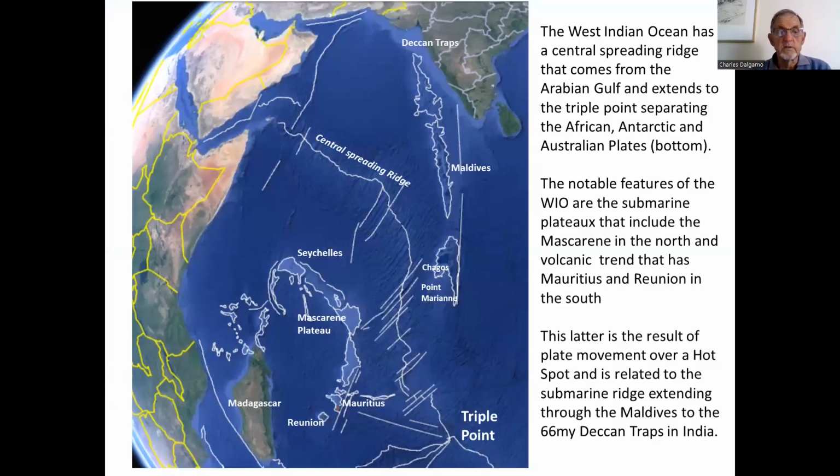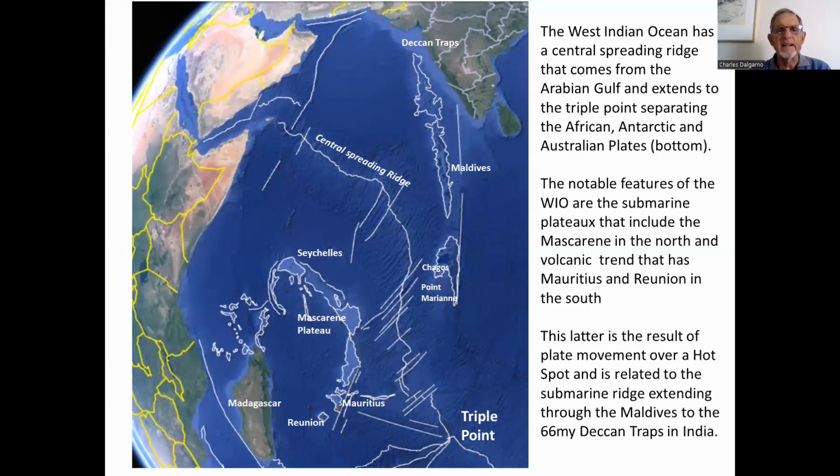Here's a Google Earth image of the western portion of the Indian Ocean. We can see Madagascar down at the 7 o'clock position, coastal Africa running north to the Horn of Africa, the Red Sea running away towards the Mediterranean at 10 o'clock. Now, up at 1 or 2 o'clock, we have the Deccan Traps.